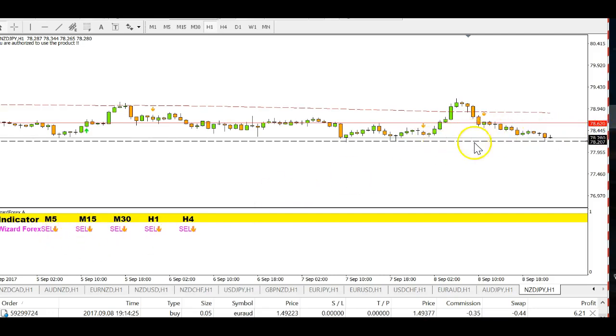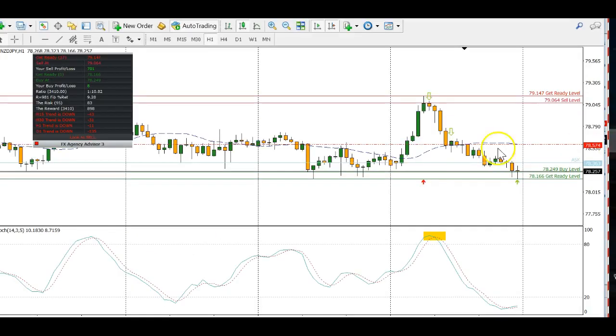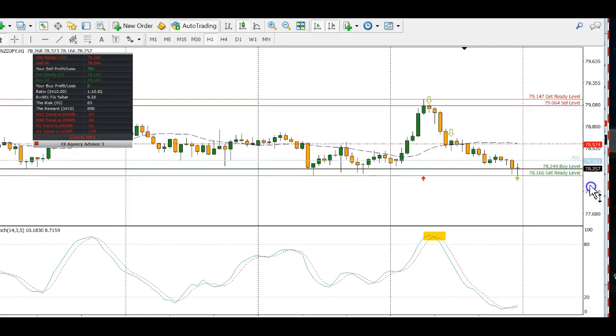This is helpful if, for example, you are late in a trade and you're not sure if you should take the trade, if it's going to continue in its path. Then looking at just the panel here, the indicator is showing us sell, all the way from 5-minute to 4-hour. And the advisory indicator is also showing us a downtrend, okay?